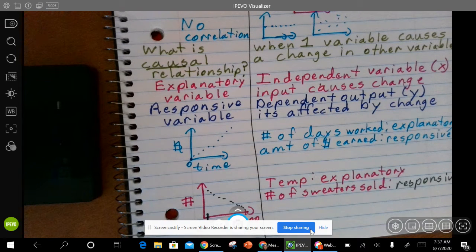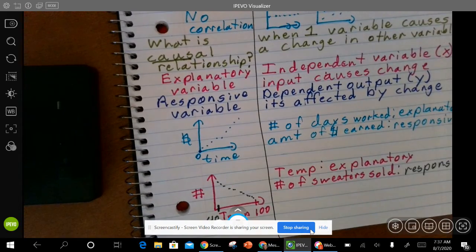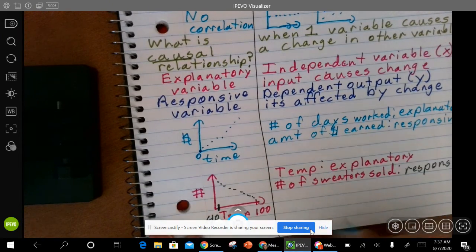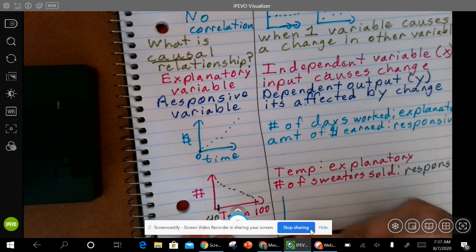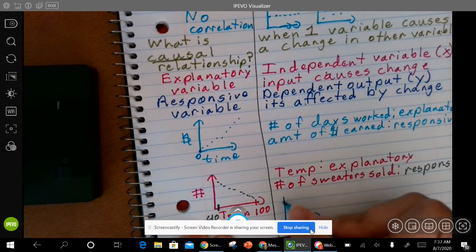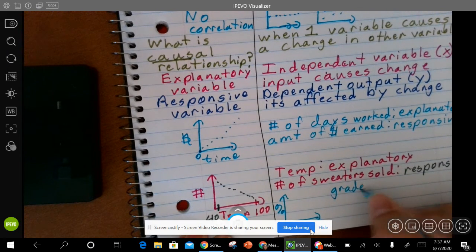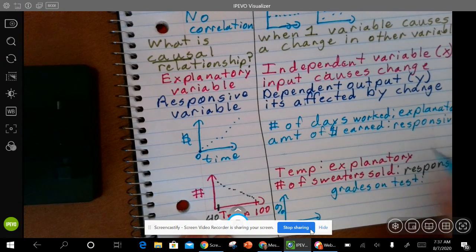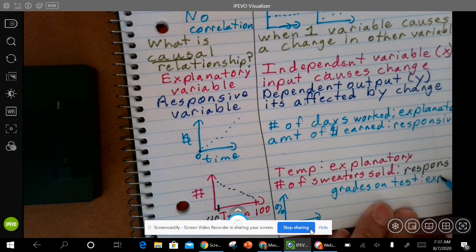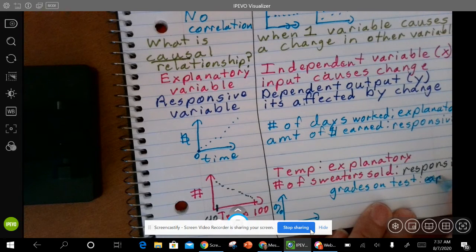Okay. I was going to do one more example. So the more that you study, okay, so time, okay. So your grades on a test is going to be the explanatory variable. Actually, responsive.